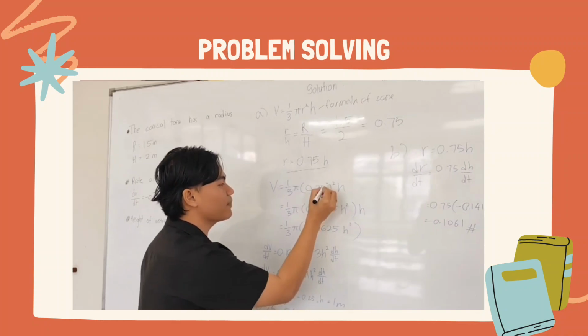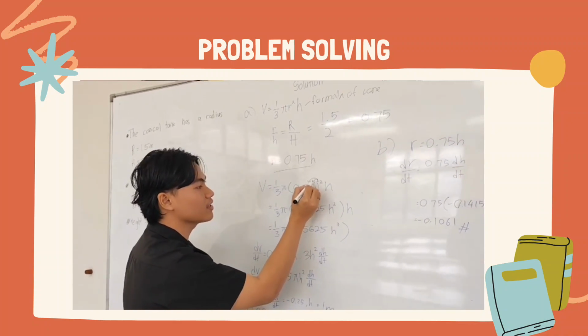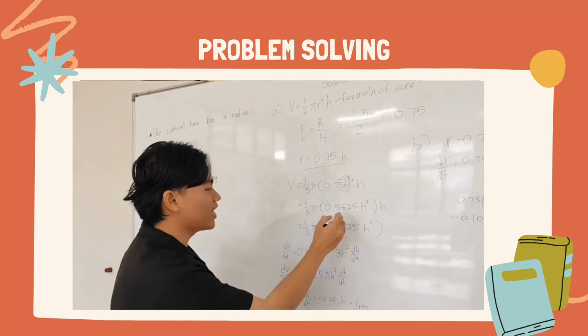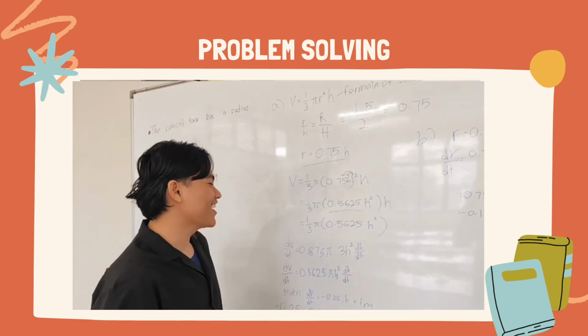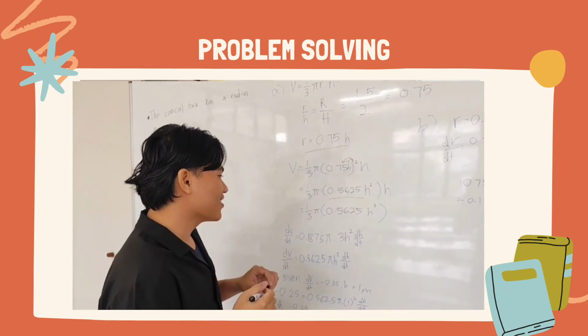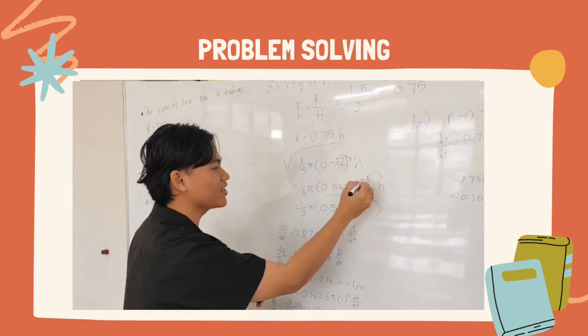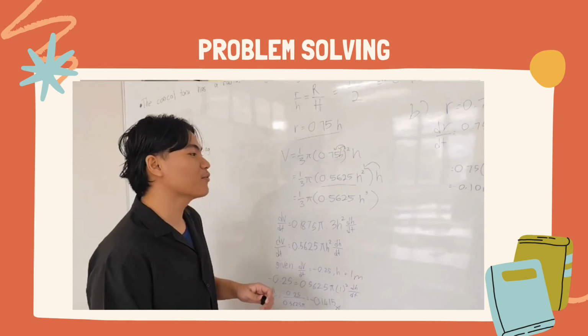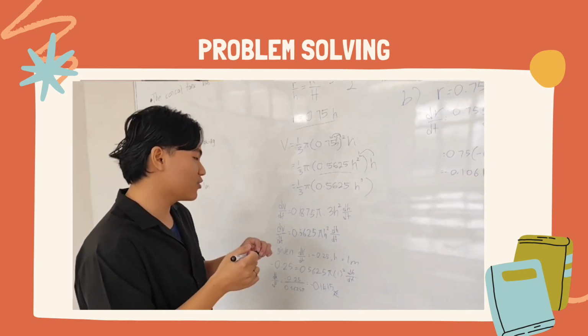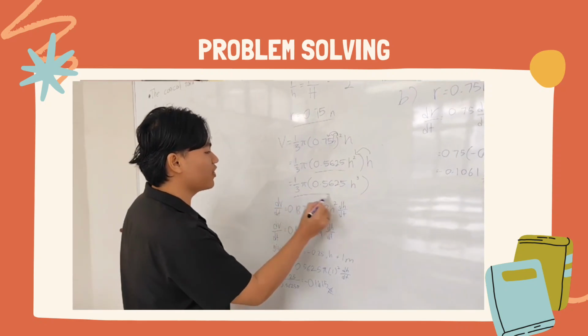So we expand like this, then it becomes like this. Finally, h also gets in, we expand the equation, and this is the final form.